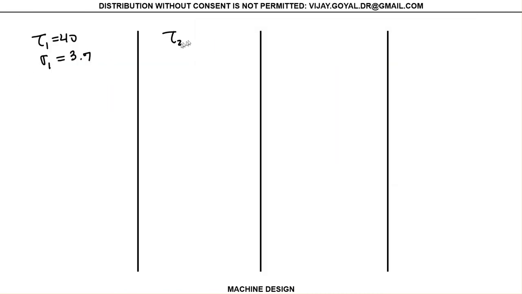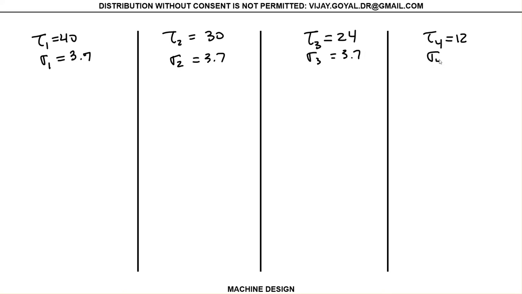So tau 2 will be 30. Tau 3 will be 24. Tau 4 will be 12. And sigma 2 will be 3.7. Sigma 3 will be 3.7. And sigma 4 will be 3.7, right? These are the loading conditions.